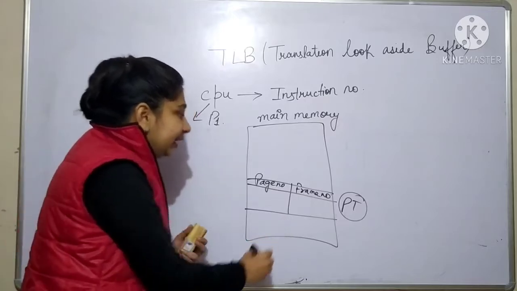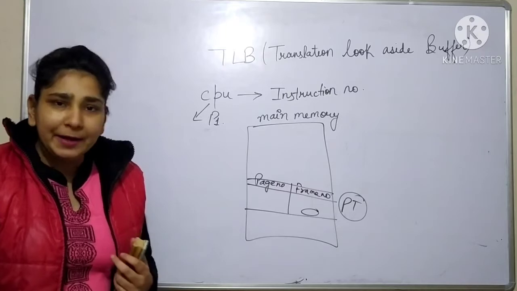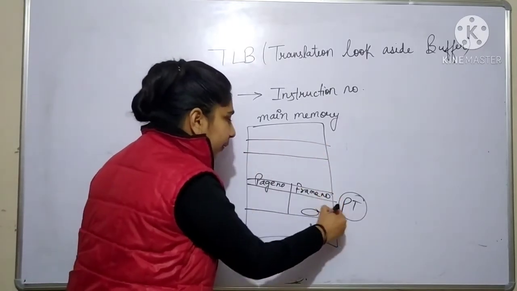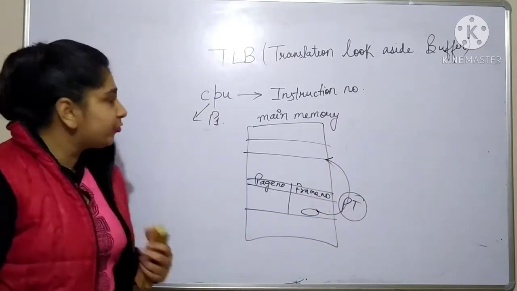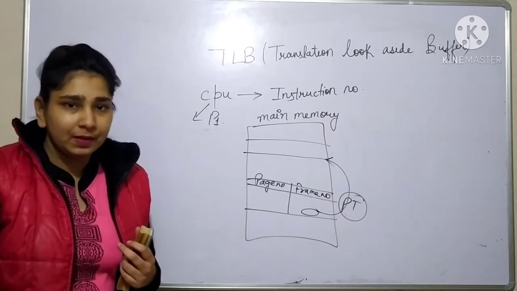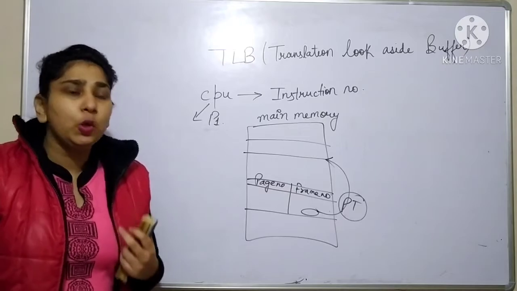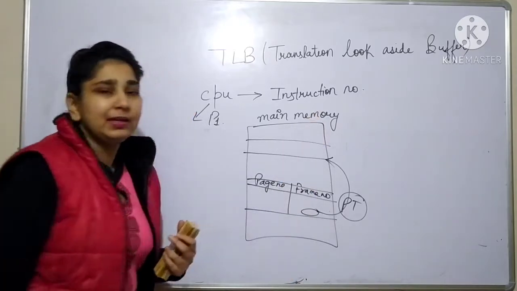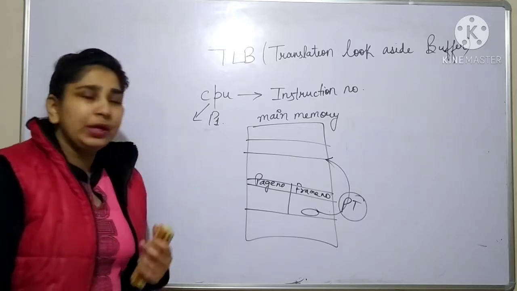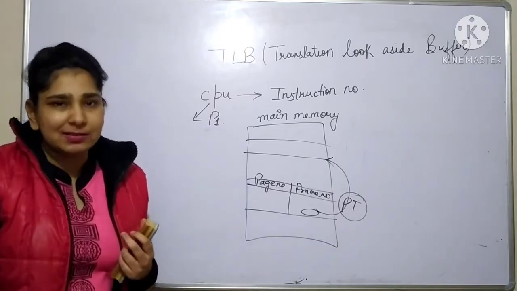Firstly you get the frame number corresponding to your required page number, then you go to that frame to fetch the instruction which your CPU wants. This way, with the help of the page table, we try to reduce the total number of main memory accesses.